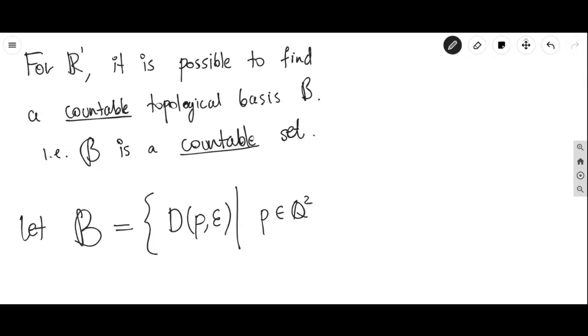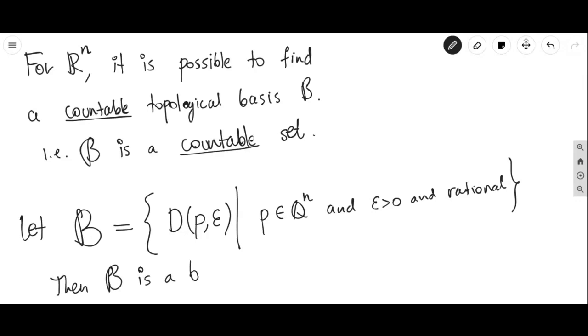You can do this in Rn. And the epsilon is positive and rational. Then B is a basis for R2, and it is a countable set.